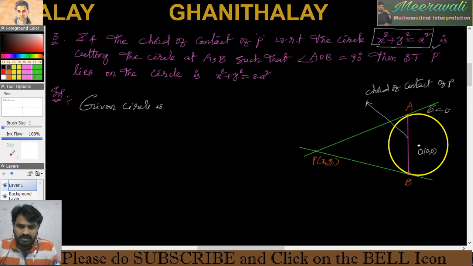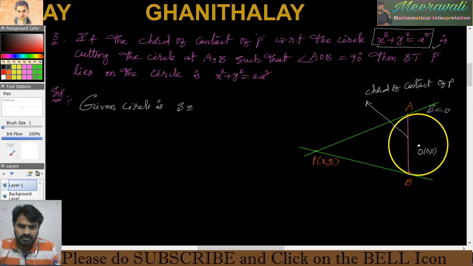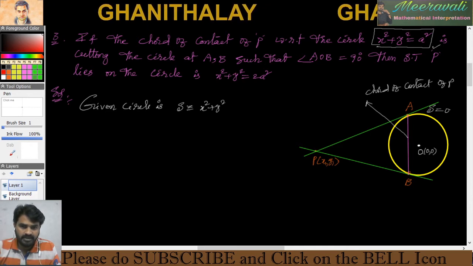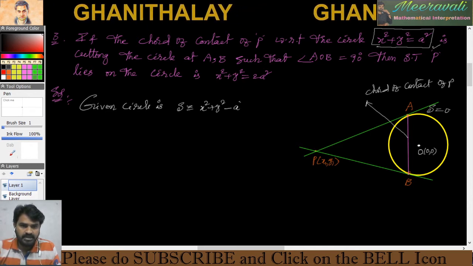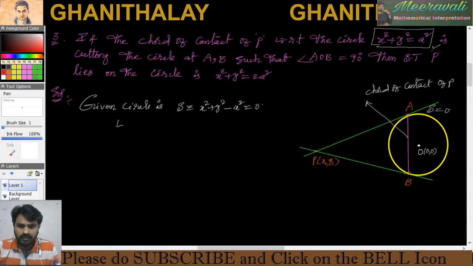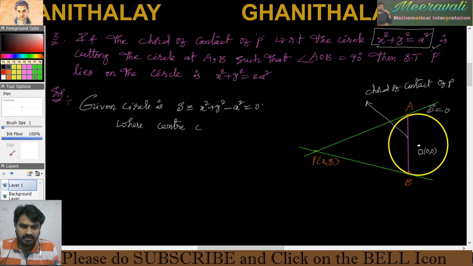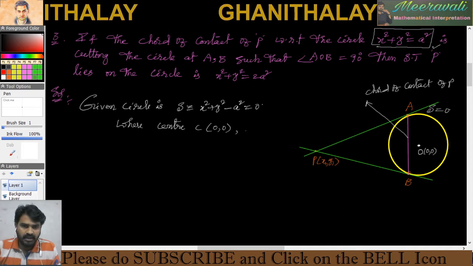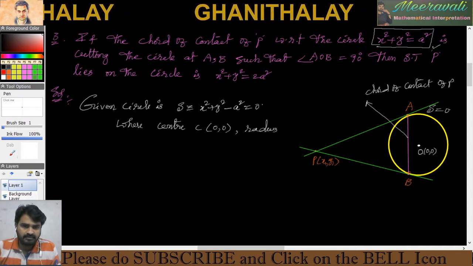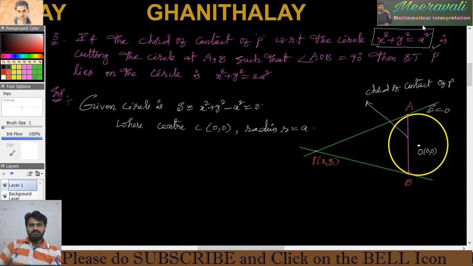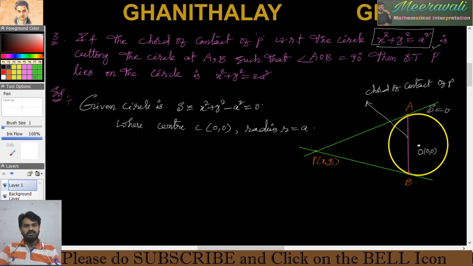The given circle is x square plus y square minus a square, where the center C is (0, 0) and radius r is equal to a. So this is about the center and radius of the given circle.